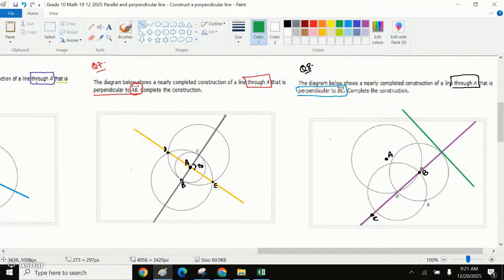The condition is written in the first line: construction of a line through point A. It has to pass through the point A. That means we need to draw something like this. This line has to pass through the point A. So that means this angle over here is a right angle. A box angle is always a right angle that is equal to 90 degrees.